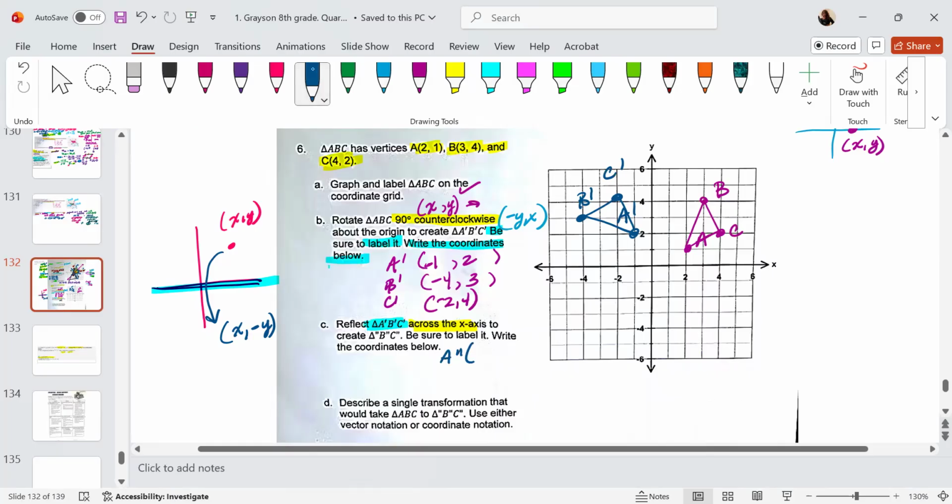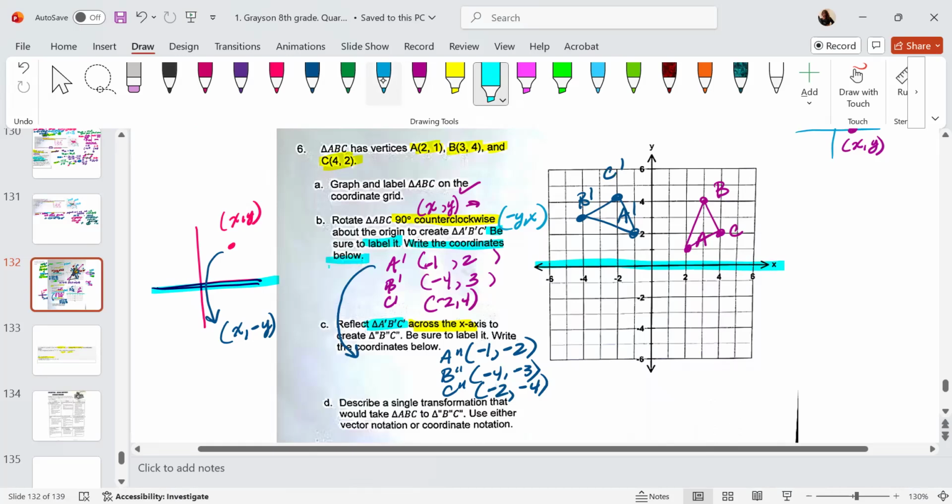So A double prime, look at this here. -1, -2, correct? What's your B double prime? C double prime. If you're not sure about this, or you forgot for some reason, draw the x-axis. You see the x-axis?